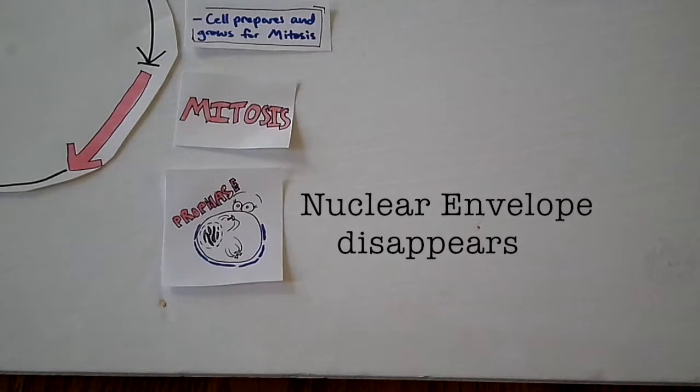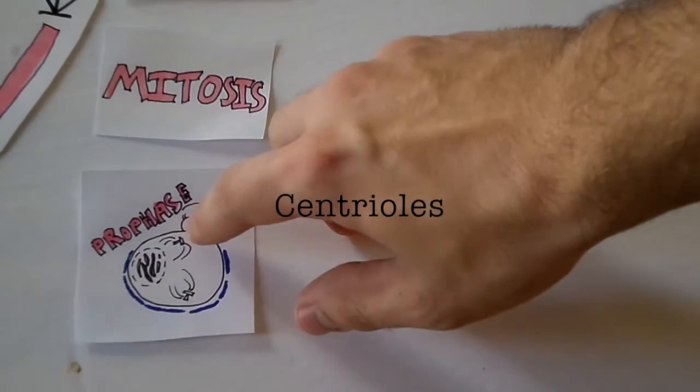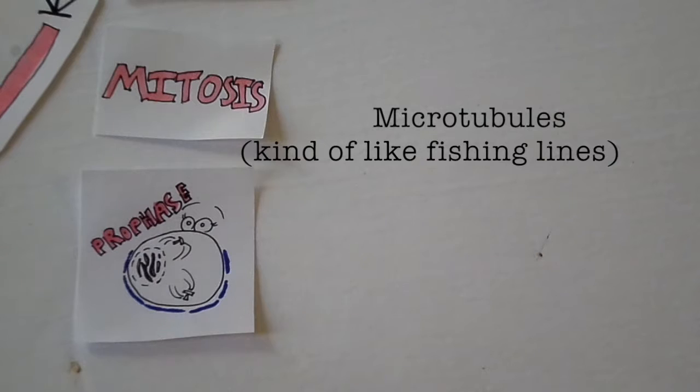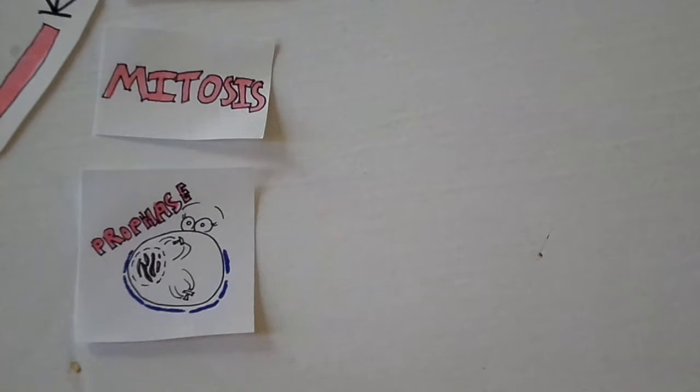And while that is happening, you have these things called centrioles that start making microtubule fibers. These fibers are going to be used to split the DNA later in this process.